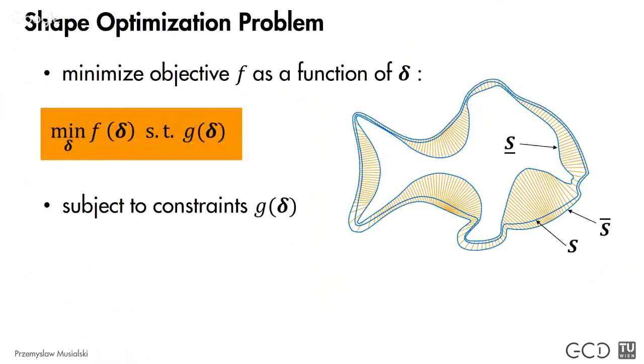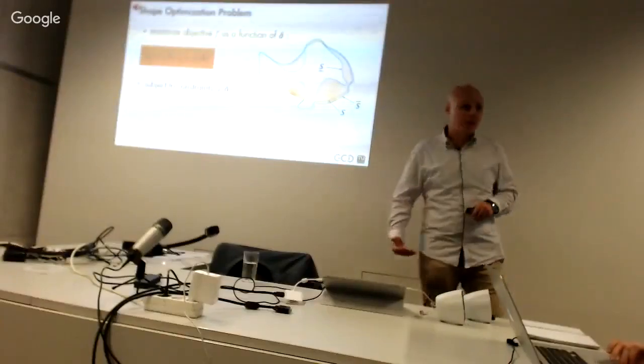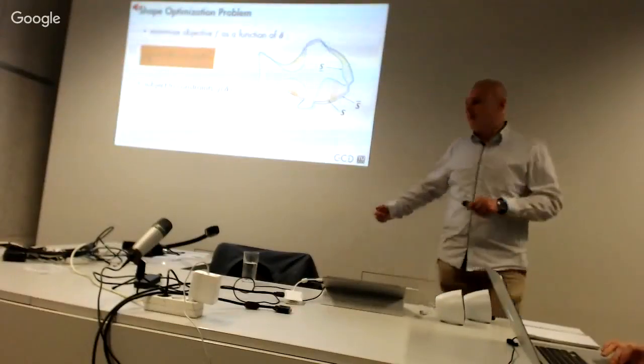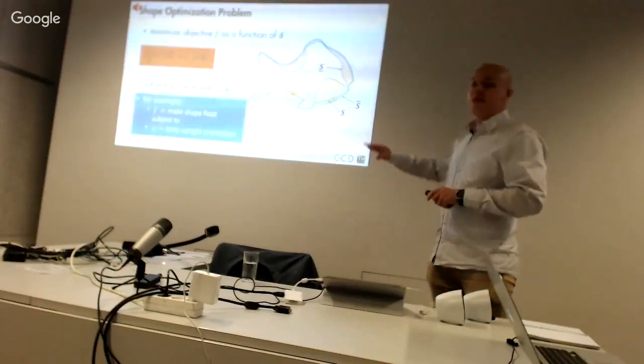Basically, we formulate it as a classical nonlinear optimization problem, where you have some objective function f as a function of the offset values delta, subject to some constraints. And we can treat the objective as a black box.